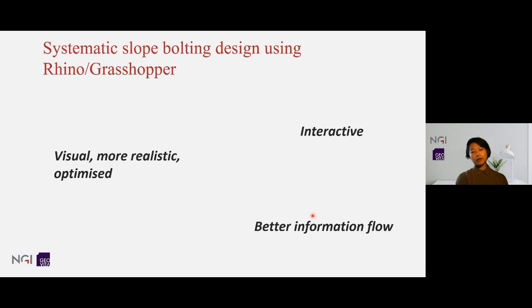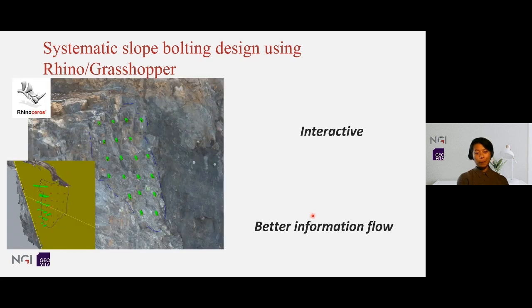So by using a parametric model design and CAD software like Rhino, you can have a more visual and more realistic model with which you can optimize your design, where you can see your design immediately and adjust the design in an interactive way.